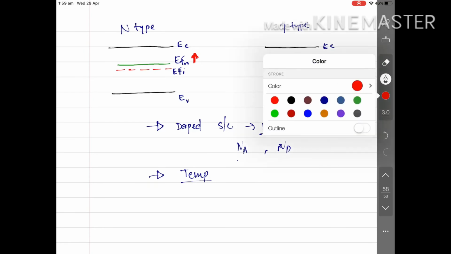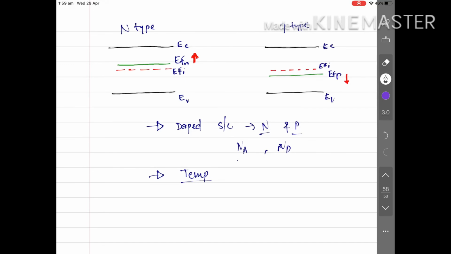So let me choose another color. When we increase the temperature, this EFN moves towards the intrinsic Fermi level.